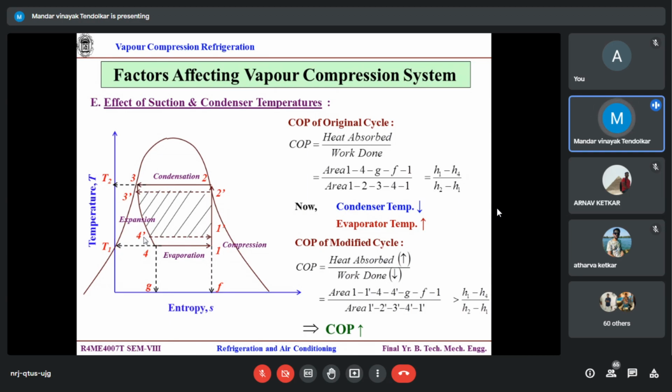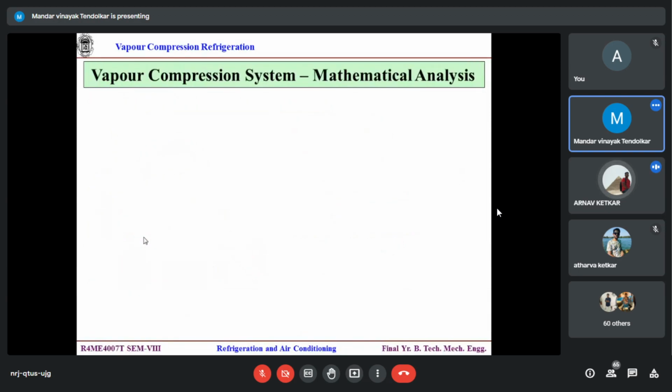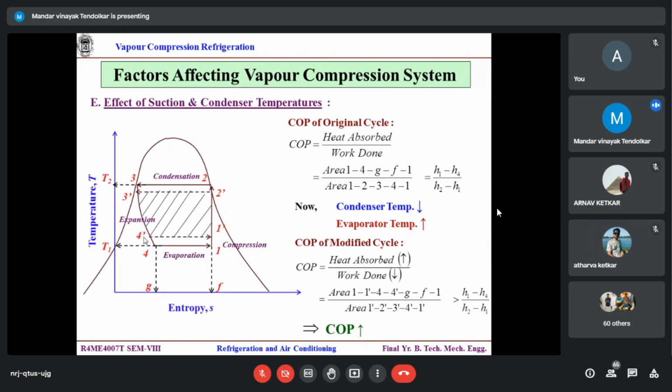So now the exercise for you today is to check the suction and condenser pressure or temperature, whatever. Open the manual of whatever company and make or model of the domestic refrigerator you have. Check the refrigerant, whether it is 134A or 404 or 410, whatever it is.